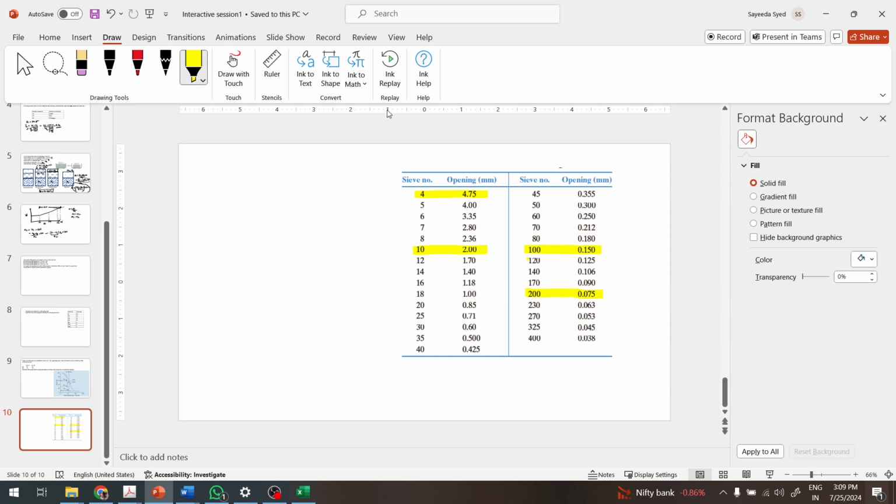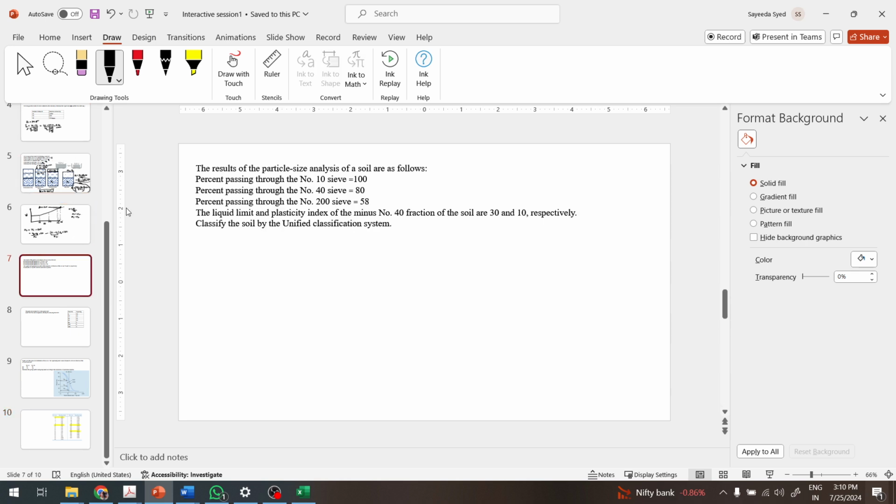Okay, so sieve number 4 is 4.75, sieve number 10 is 2, sieve number 200 is 0.075. Let's go back to our question. Sieve number 10 is 2 mm.